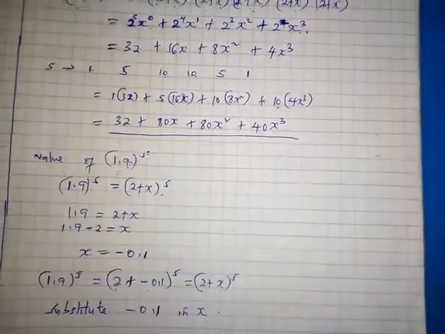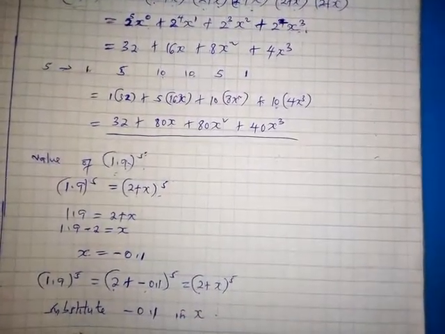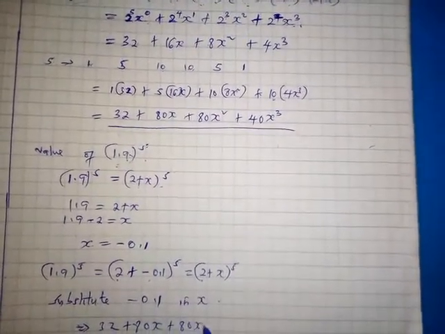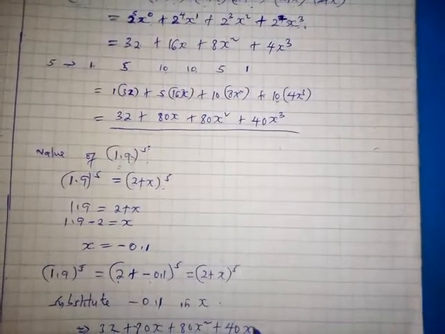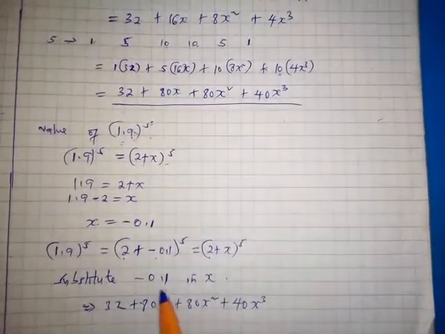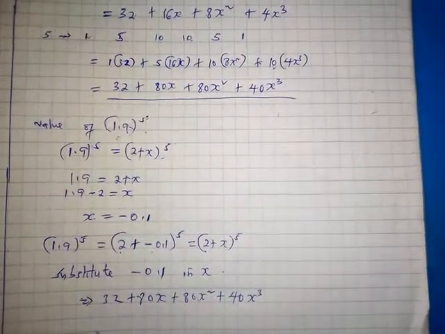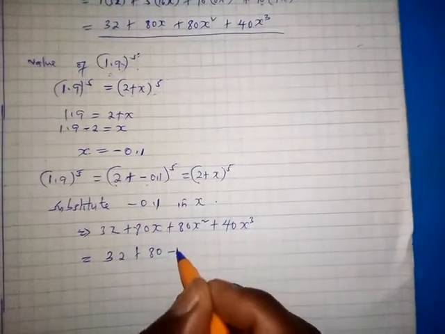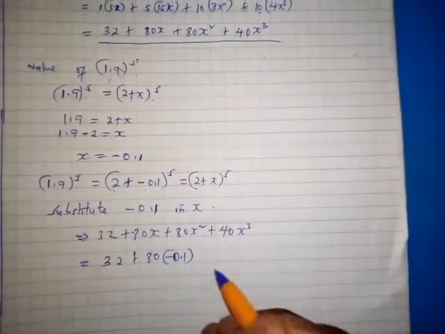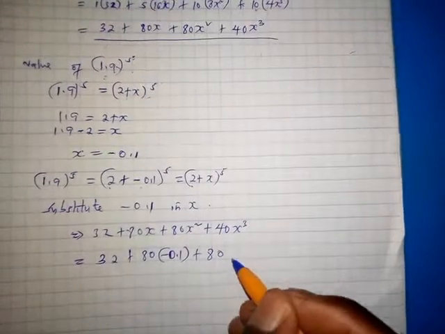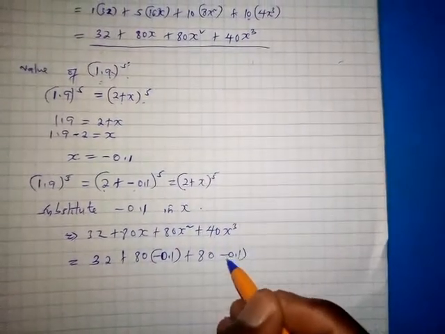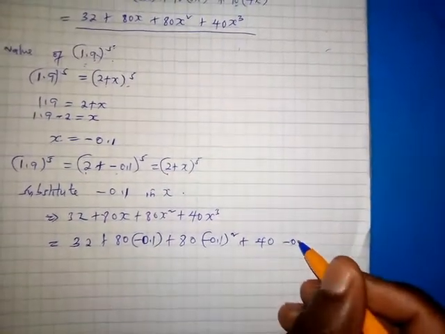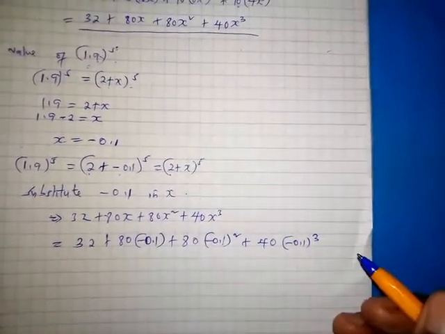So our expansion is 32 + 80x + 80x squared + 40x cubed. If we substitute negative 0.1 for x, it will be 32 + 80(-0.1) + 80(-0.1) squared + 40(-0.1) cubed.